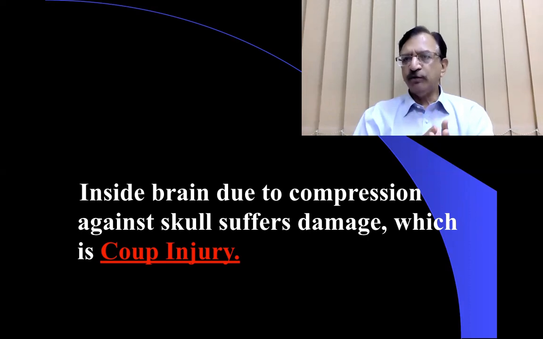The brain is still moving, the skull has stopped moving, and this will cause the concentration of the force in the brain to accumulate at the point of impact, that is the coup injury.